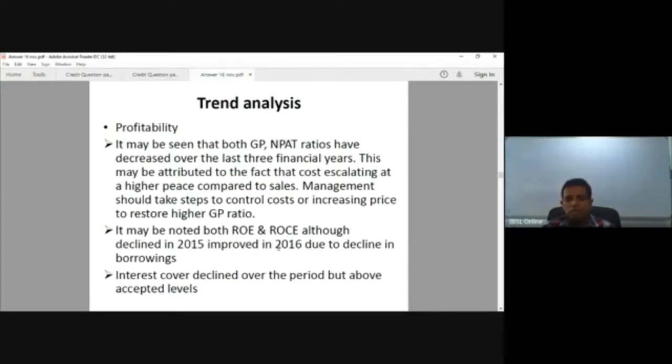Coming back to the question, this company will have to make other cost curtailment because their NPA and GP ratio is getting reduced, right? Then it may be noted both ROE and ROCE, although declined in 2015, improved in 2016 due to decline in borrowings.